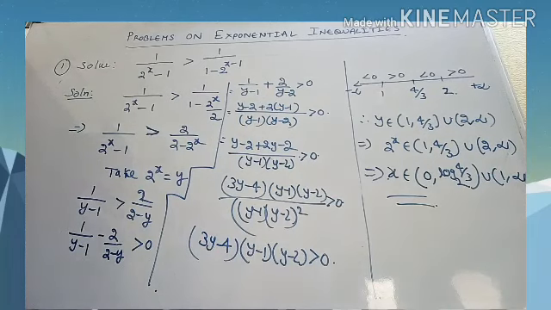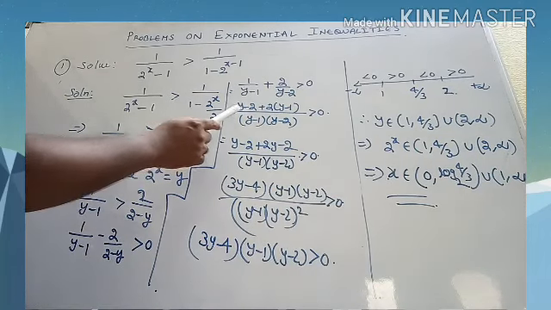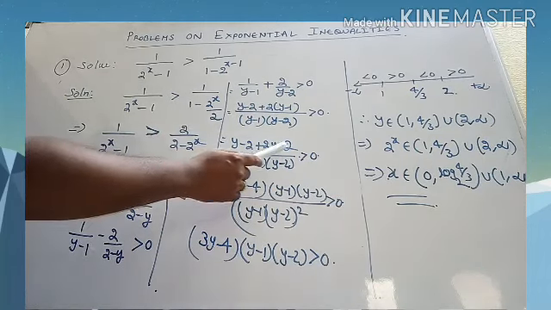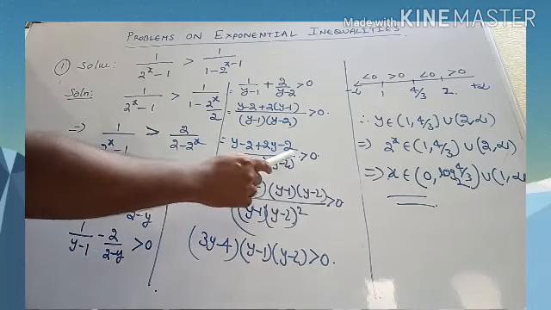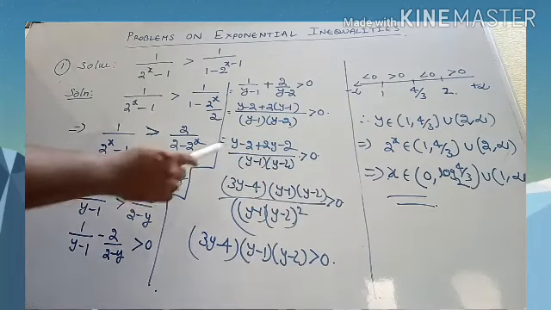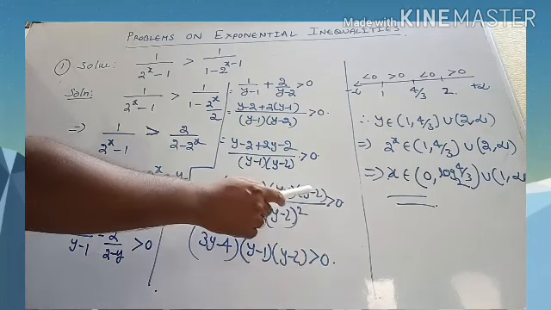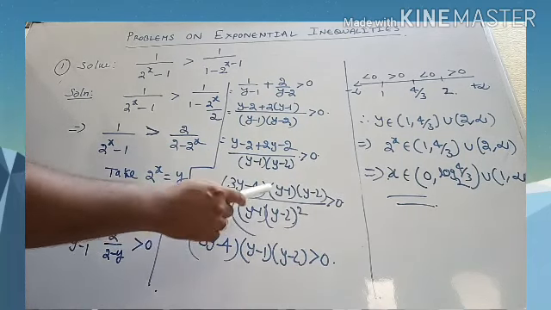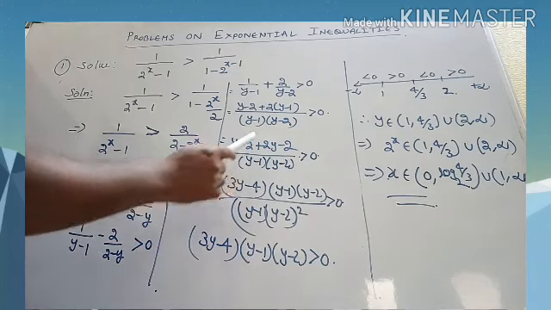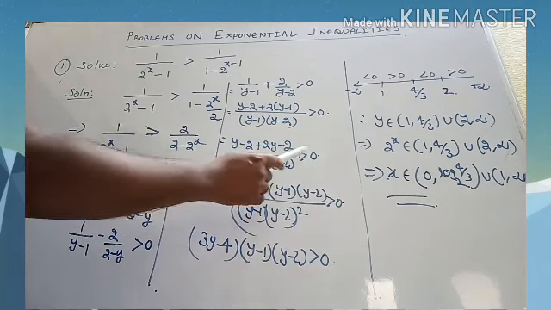Simplifying, this is y minus 2 plus 2y minus 2 by y minus 1 into y minus 2 greater than 0, which becomes 3y minus 4 by y minus 1 into y minus 2 greater than 0.